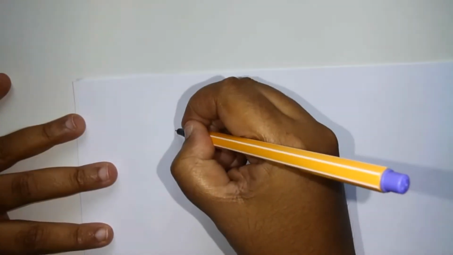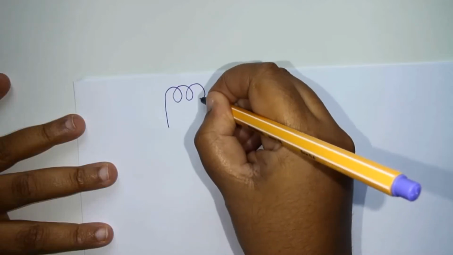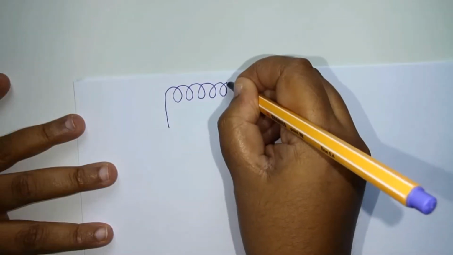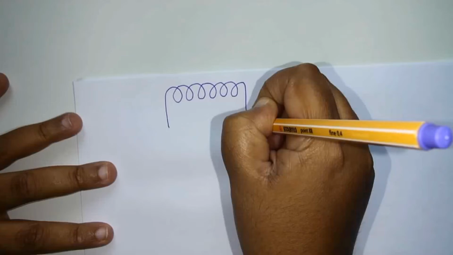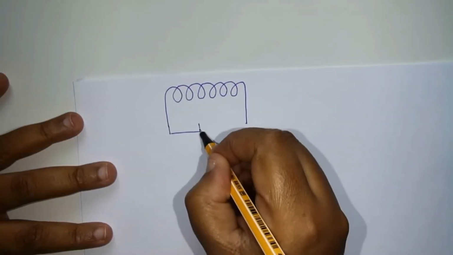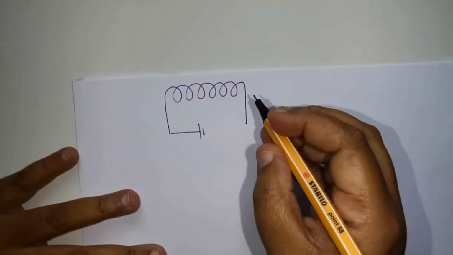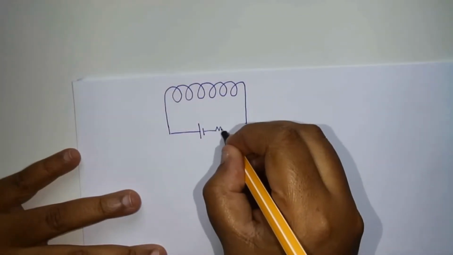Mutual inductance. Alright, now I have two coils. This is the first coil, I'm going to draw it like this, a solenoid. This first coil is connected to a DC supply, a cell, and then to a rheostat.